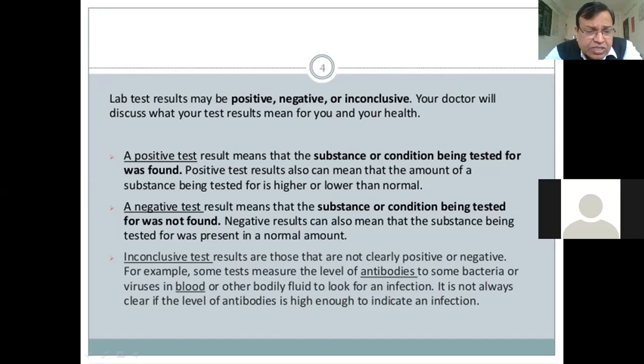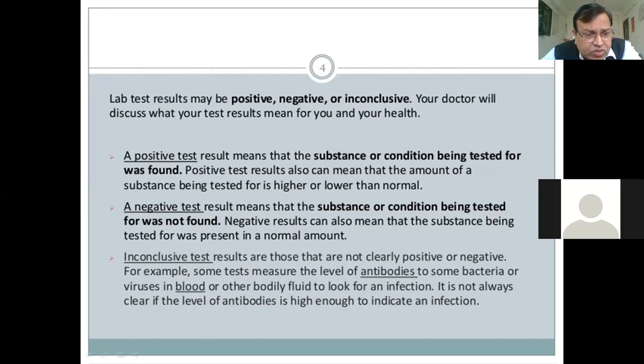Similarly dengue test. Similarly if you are going for the sugar test and your sugar is in the normal range, that test is okay for you, and it is not related with any diabetic condition or any hyperglycemia or hypoglycemia condition.